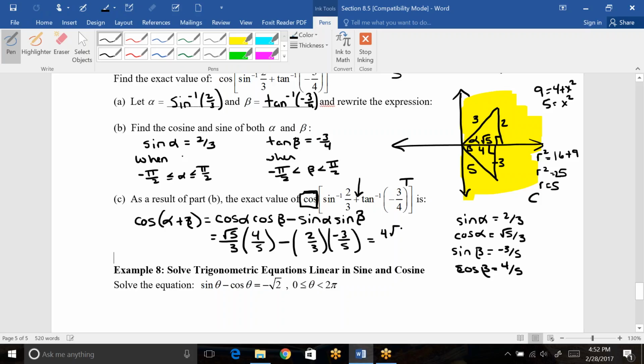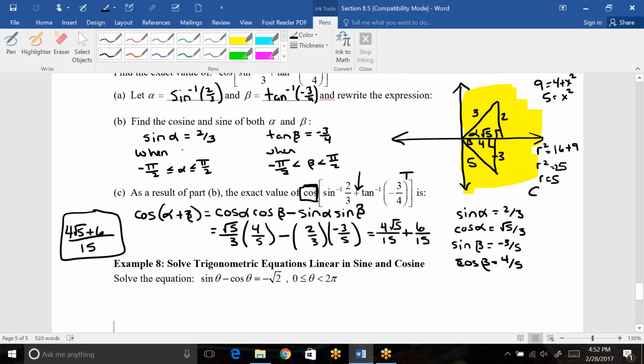This is 4 square root of 5 over 15. Negative and negative make a positive 6 over 15. And we don't really have a way to add those together since one of them is a radical and one of them is not. So we write it as one big fraction. So 4 square root of 5 plus 6 over 15.